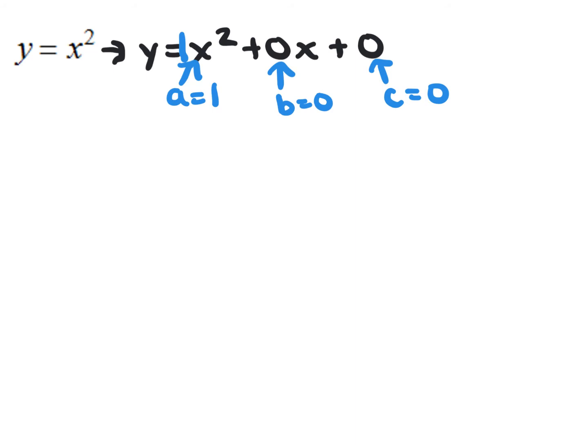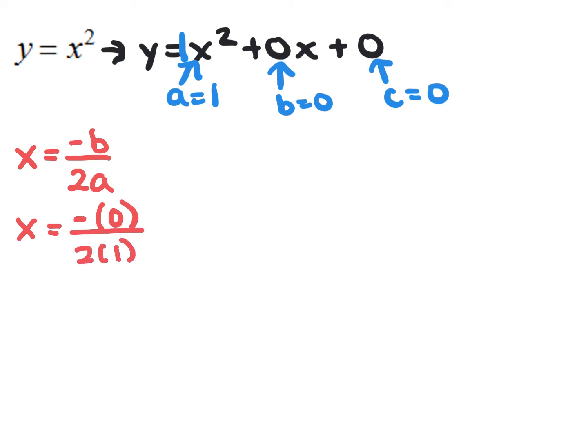Now the x-coordinate of the vertex is negative b over 2a. So you'll have x equals negative times 0 over 2 times 1. So that gives us x equals 0 over 2, and 0 divided by 2 gives you 0.